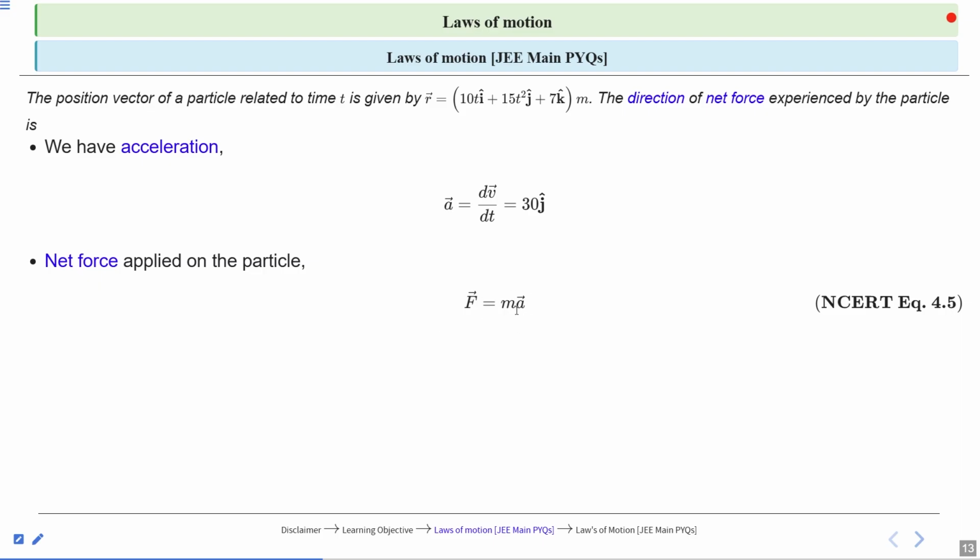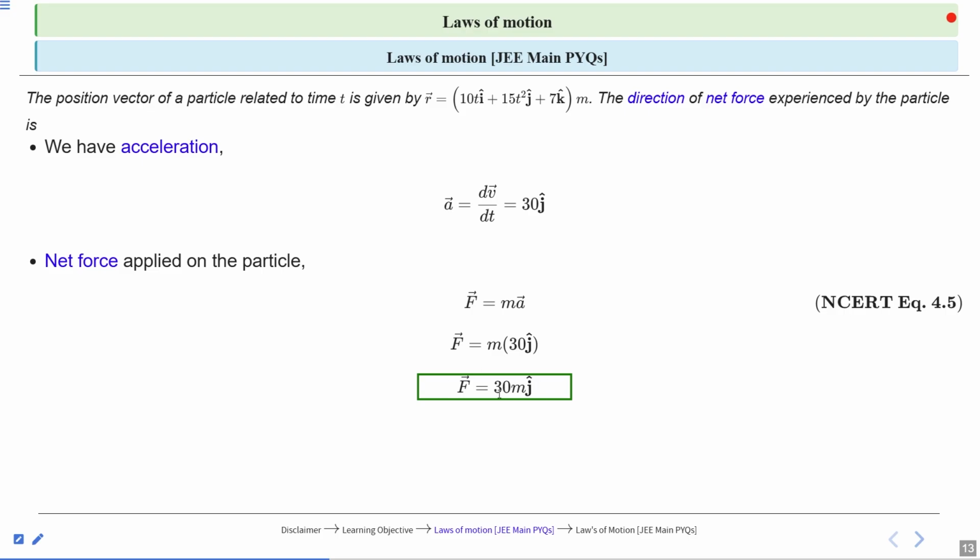We know acceleration is 30 j cap, so just put it here and solve it. You will get F is equal to 30 m, where m is the mass. 30 m j cap.